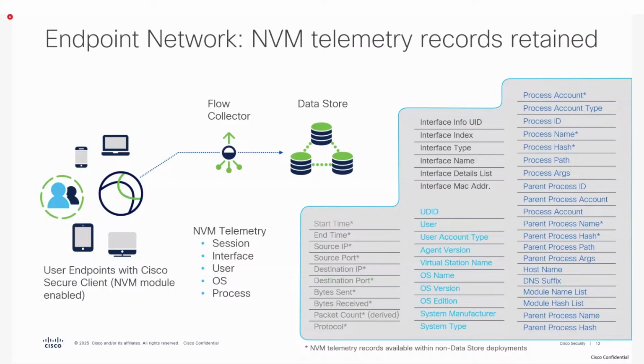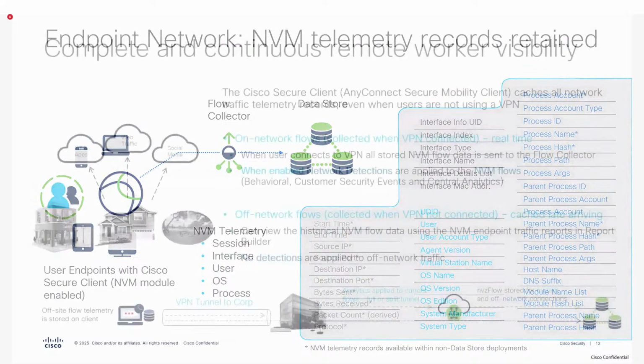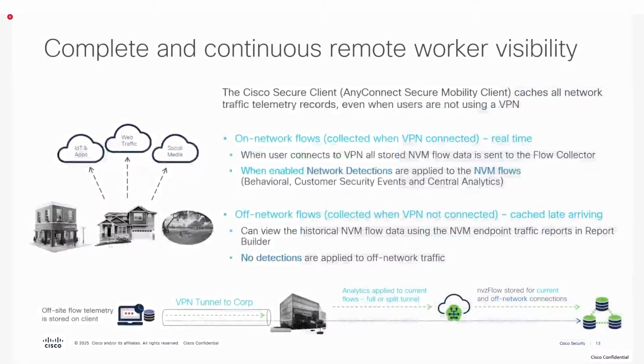And one of the major use cases with NVM is remote worker visibility, right? So you can run NVM with, say, a desktop or a laptop of someone who is in the office, but it also works with a user who is outside of the office, even if they're not connected to the VPN.